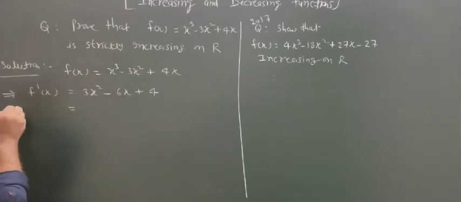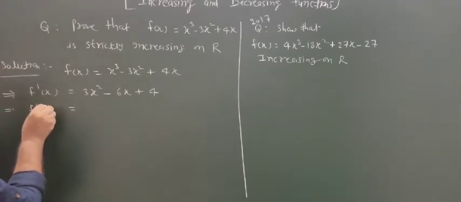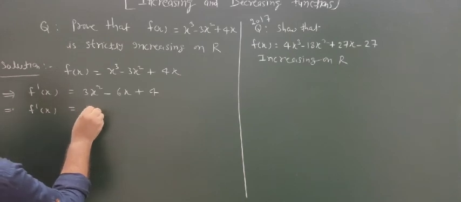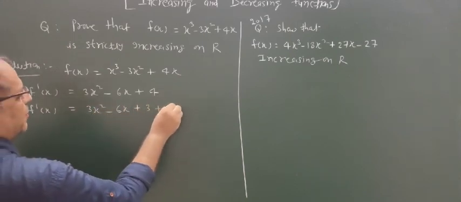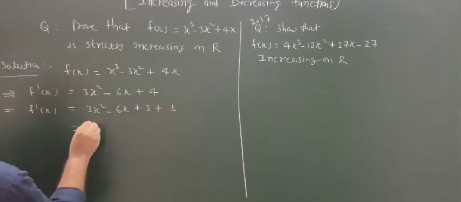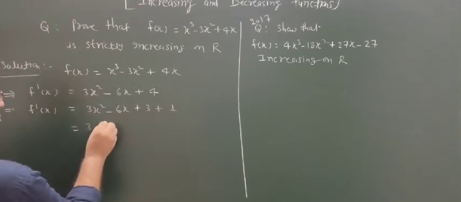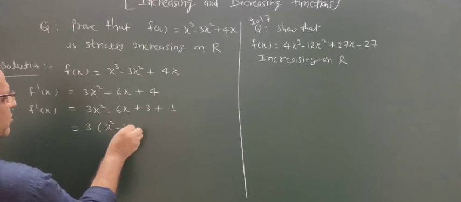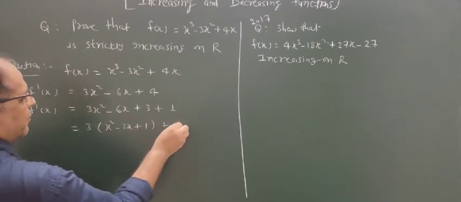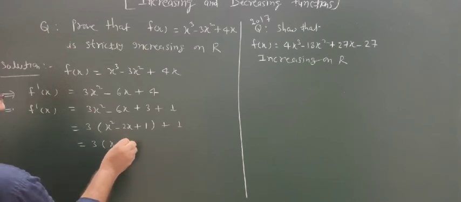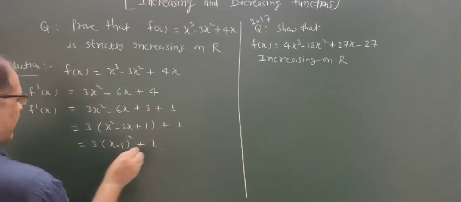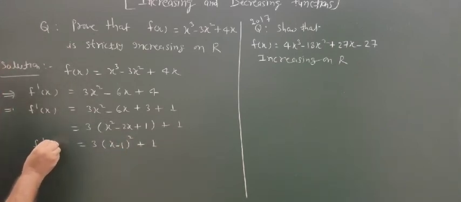This can be written as 3x square minus 6x plus 3 plus 1. Now take 3 common from the first 3 terms. Now you have x square minus 2x plus 1, plus 1. This can also be written as x minus 1 whole square plus 1. This is the value of f dash x here.